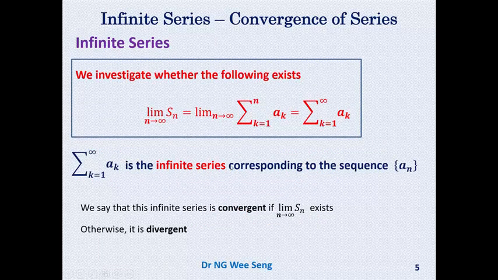When you let n go to infinity, we are summing the entire sequence. You are summing ak for k from 1 to infinity. So this is known as an infinite series corresponding to the sequence an. Convergence or divergence of this series is defined to be the convergence or divergence of Sn, the sequence of partial sums.